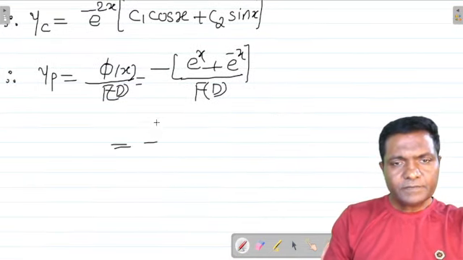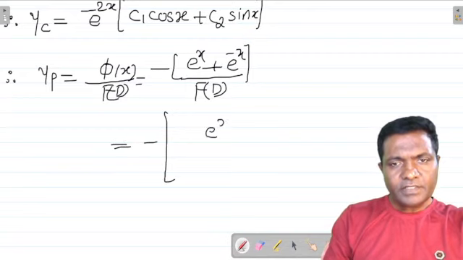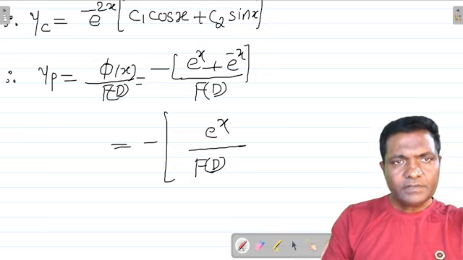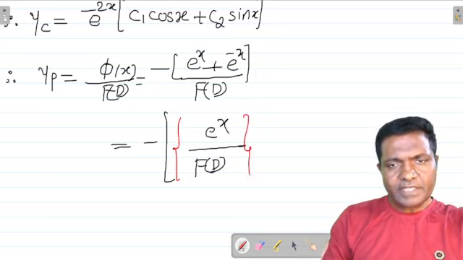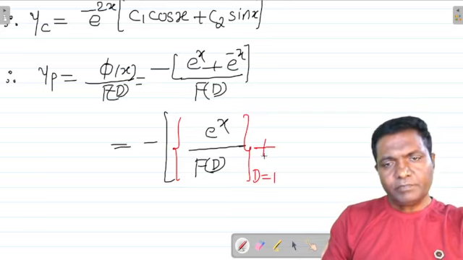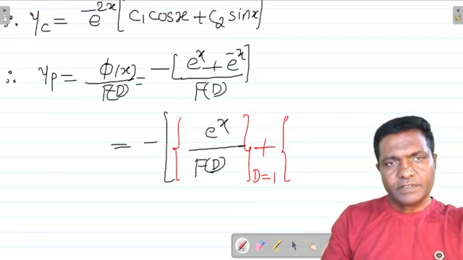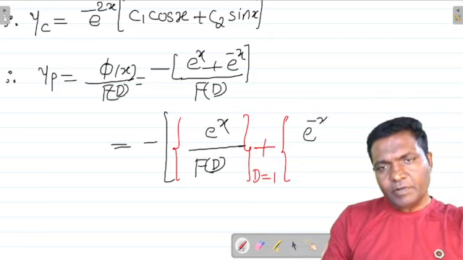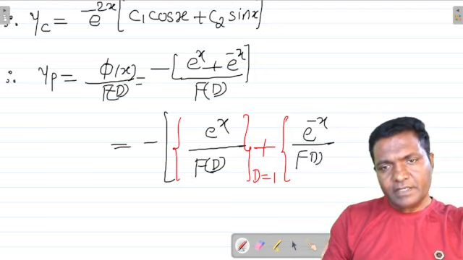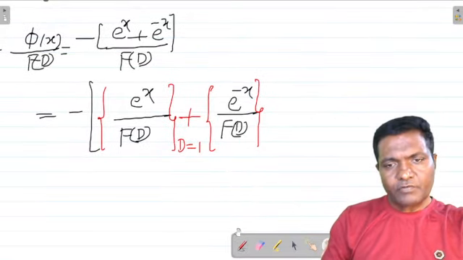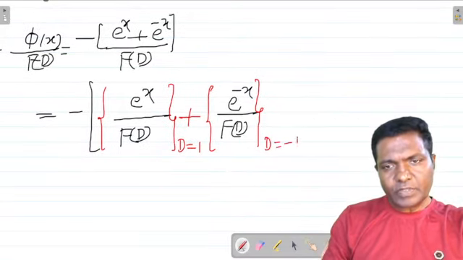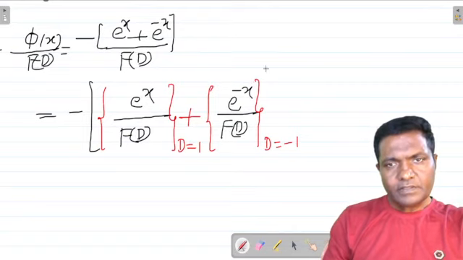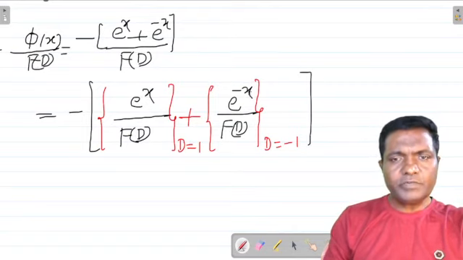So separate it: e power x by f of d, for which you have to replace d by 1, since a is 1 here, the coefficient of x, plus e power minus x by f of d, for which you have to replace d equal to minus 1, because in the second term the coefficient of x is minus 1.